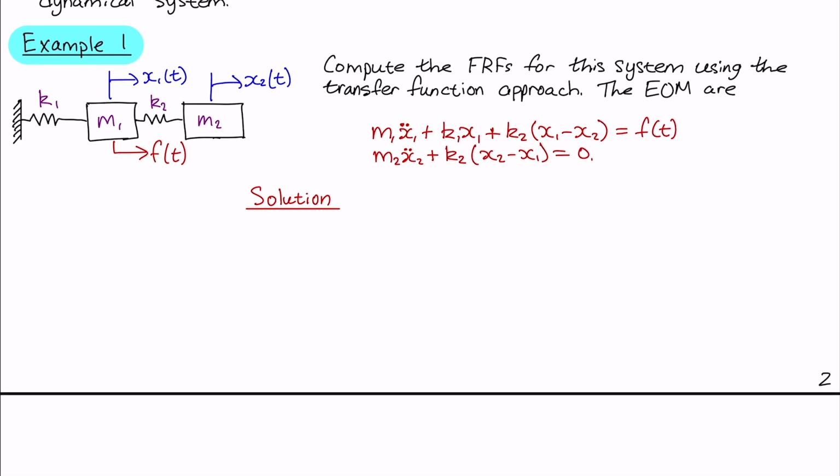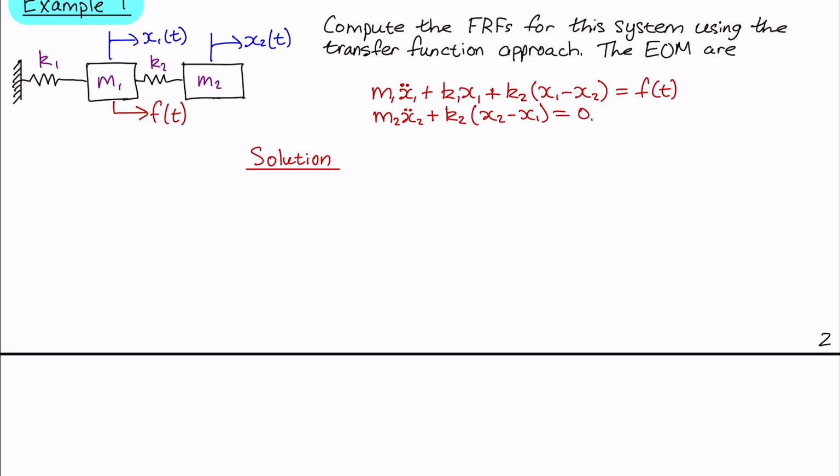So for this system, we are given a 2-degree-of-freedom system without any damping in it and just 2 springs shown here. The first mass is forced with an external forcing f of t, and we're asked to compute the FRF of this system using the transfer function approach, and we're given the equations of motion.